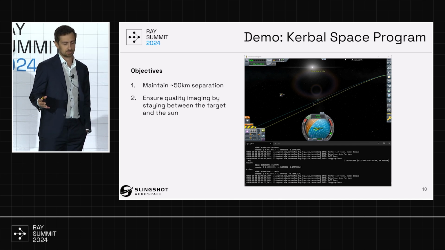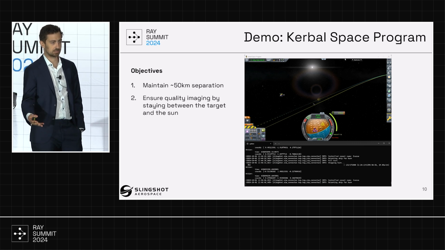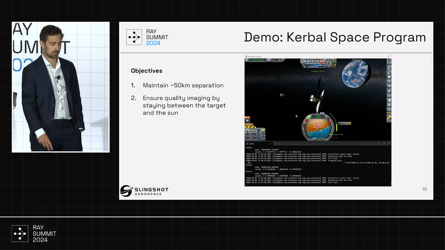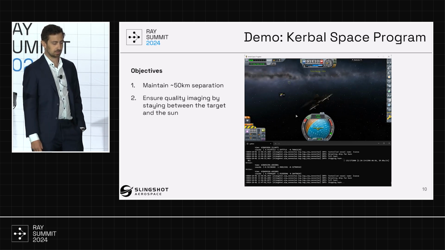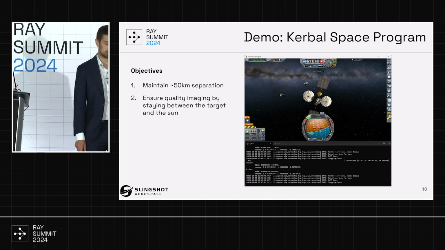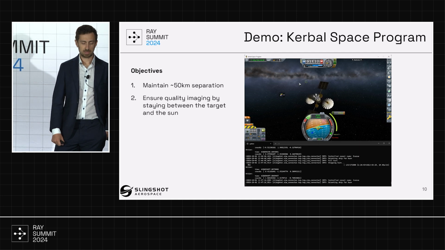It is orienting itself into the right position, firing its thrusters, and then we're fast forwarding through time until it receives its next action from the RL agent on the bottom. And as it goes through, we can see here it is now firing its thrusters. You can see where the sun is behind it. There's its target, which is right about 50 kilometers away. And it will just sit here, maintain this position in orbit.